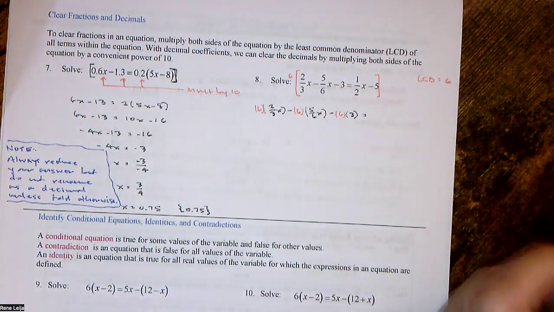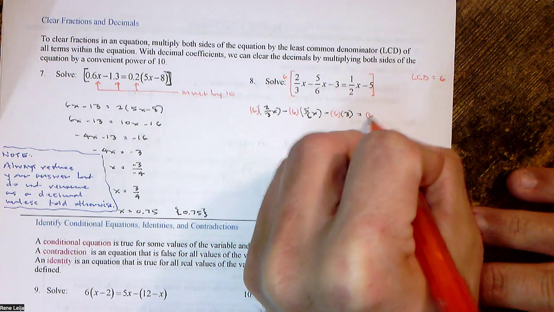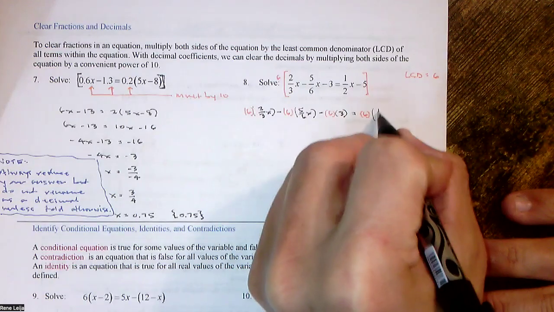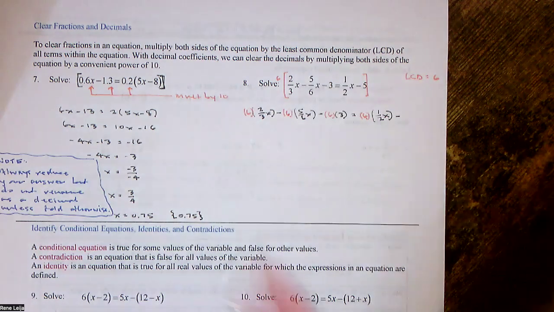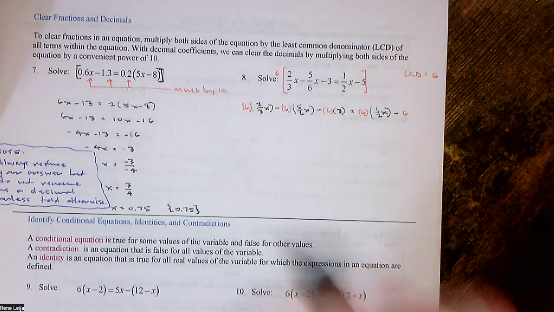Okay, and then 6 times 1/2 x. And then at the end, if we have done this right, then that means that all of our denominators are going to be gone.